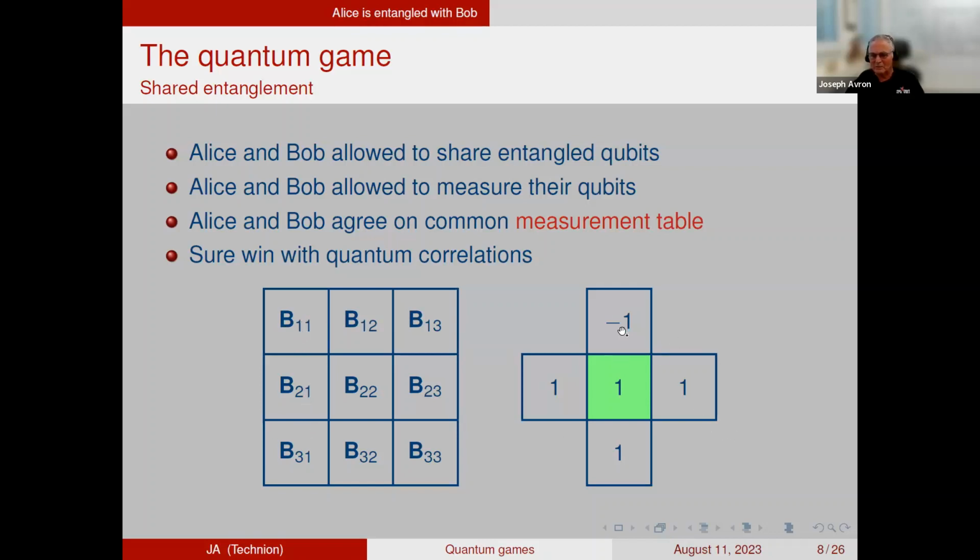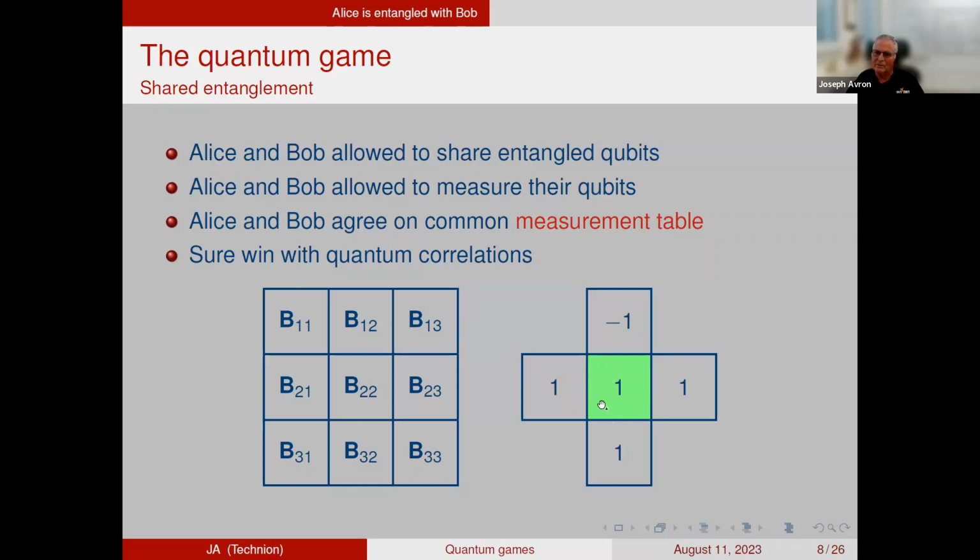And the miracle that is going to occur is like this: the constraint that Alice has, that the product of entries in a row must be 1, will be satisfied. The constraint that the entries in a column for Bob must multiply to -1 will also be satisfied.